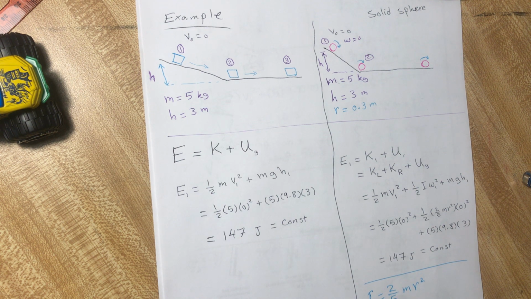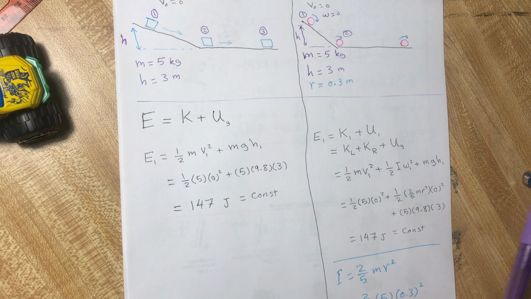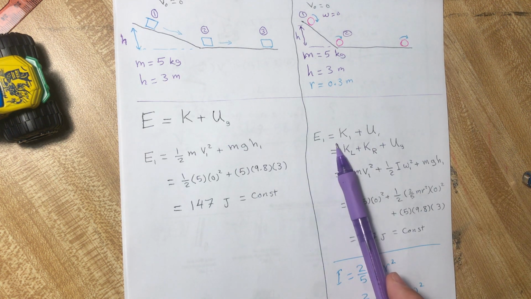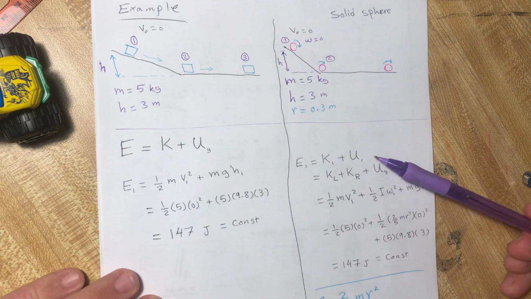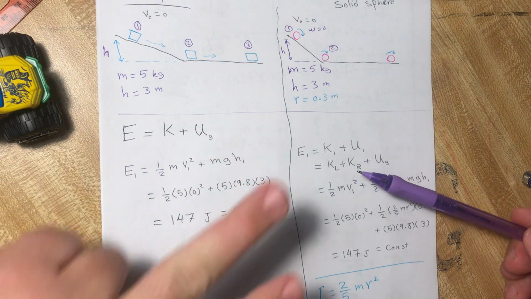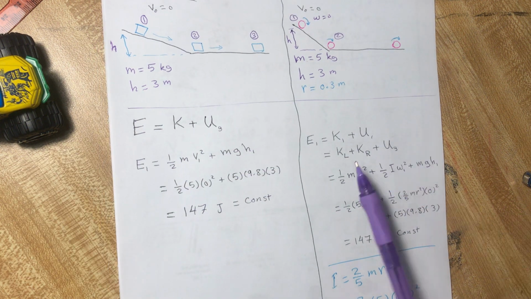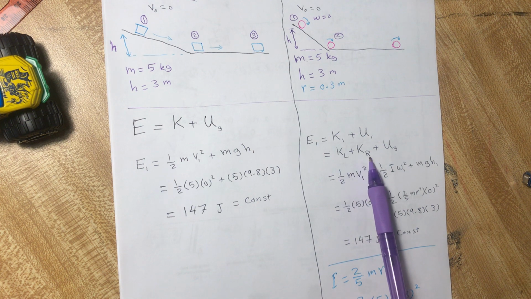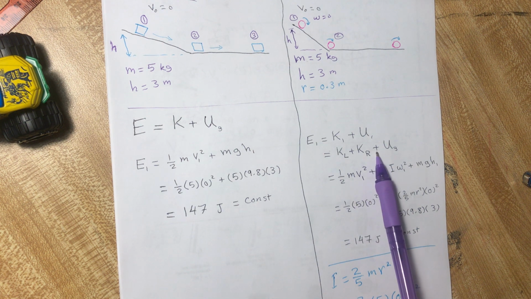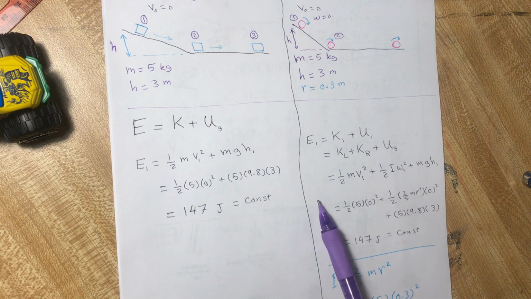Let us look at the rotational system. The mechanical energy is equal to the kinetic energy at the first point plus the potential energy. The kinetic energy has two terms, as we said before: linear kinetic energy plus rotational kinetic energy, plus the potential energy due to gravity.